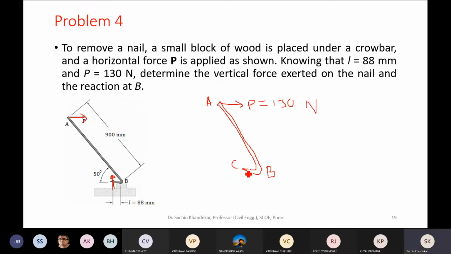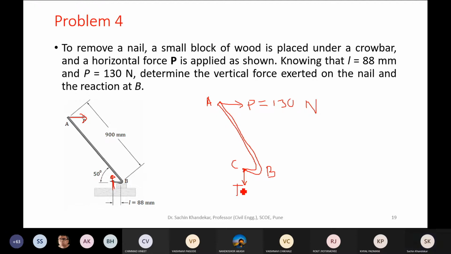As we are drawing the FBD of the crowbar ABC, the point under consideration is point C, or this whole crowbar ABC. So how is the tension represented? Tension is represented by a force directed away from point C. Let T be the tension induced in this nail.